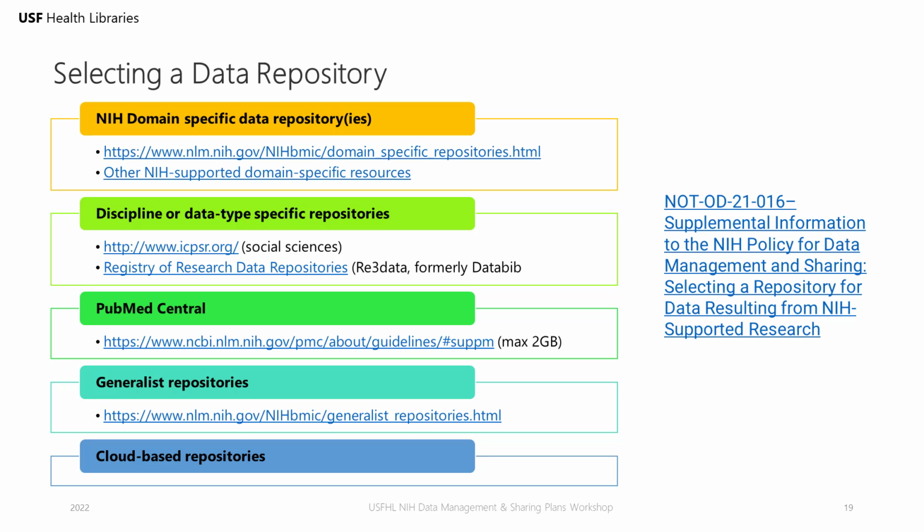Data repositories, including the generalist repositories and institutional repositories, make data available to the larger research community. Very, very large data sets are probably going to be best placed in cloud-based repositories for data access, preservation, and sharing. And over to your right, I've included the notice that talks more about data sharing and repositories.